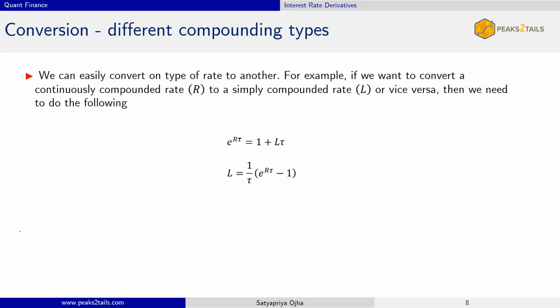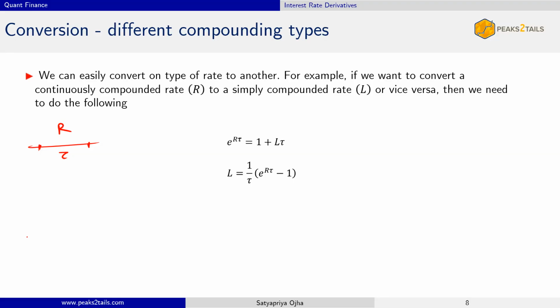Somebody has given you that between these two dates, say this period is tau, the year fraction is tau, the continuously compounded rate at which you can grow your money in this period is R. You want to know the equivalent simply compounded rate that will give exactly the same money.